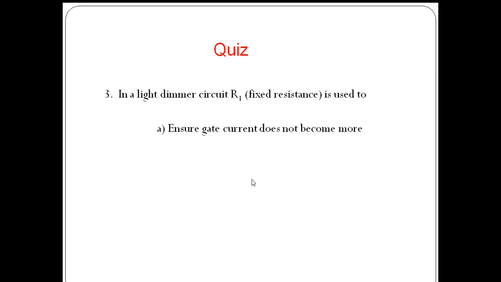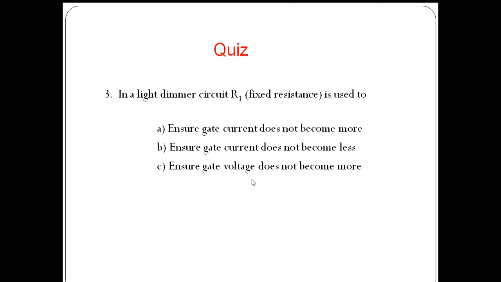In the light dimmer circuit, the fixed resistance R1 is used to: option A, ensure gate current does not become more; option B, ensure gate current does not become less; option C, ensure gate voltage does not become more. Actually, it is mainly for gate protection.